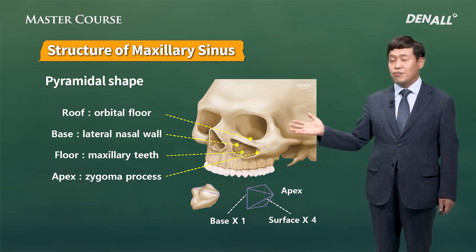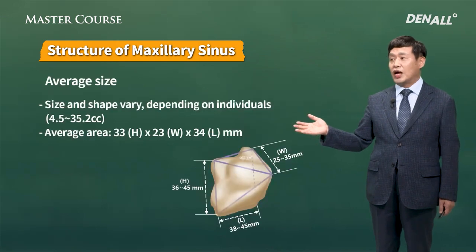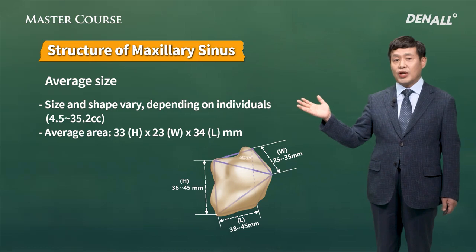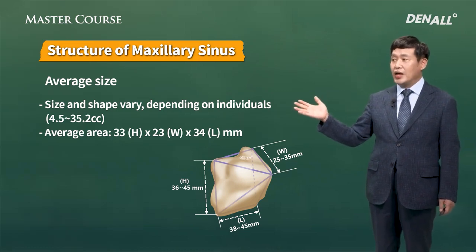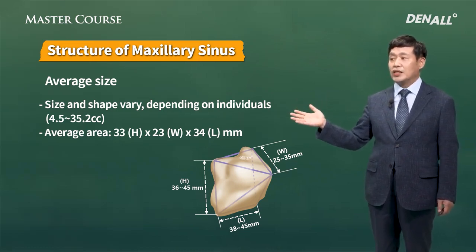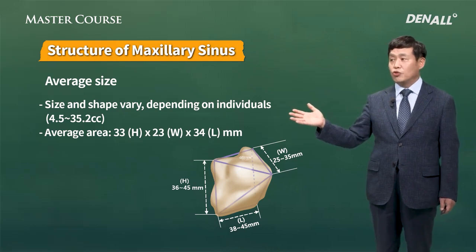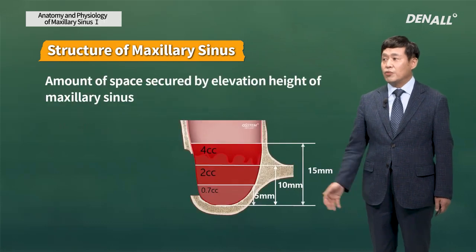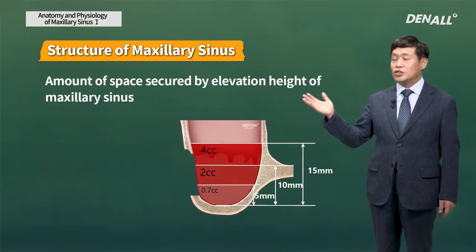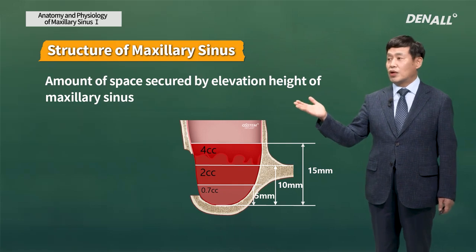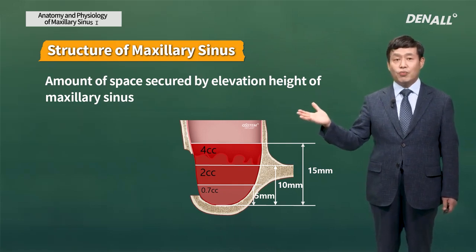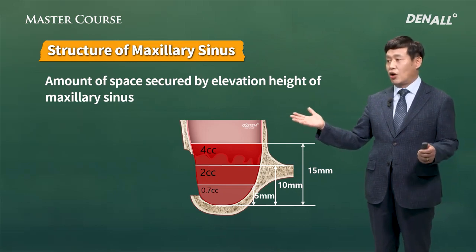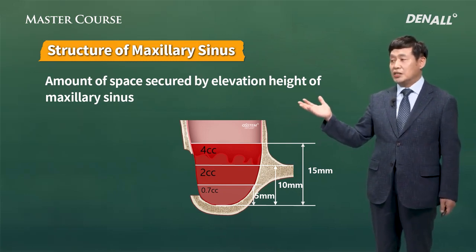So maxillary sinus is in the shape of a pyramid. The average size is about 40 millimeters in height and 35 millimeters in width. As I said before, the average volume is about 15 cc. Sometimes we get this kind of question: for maxillary sinus bone graft, what is the amount of graft? It depends on the size and the width of the sinus.